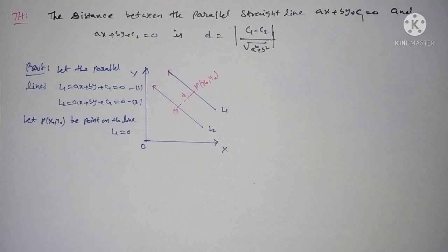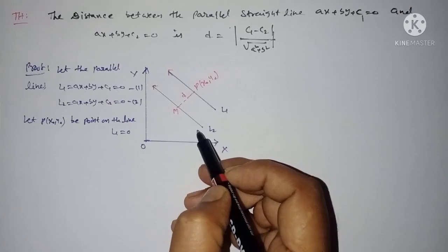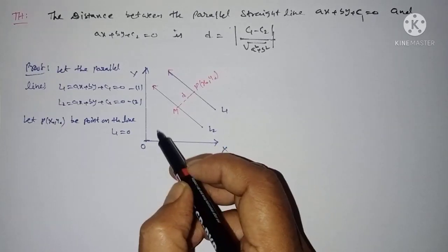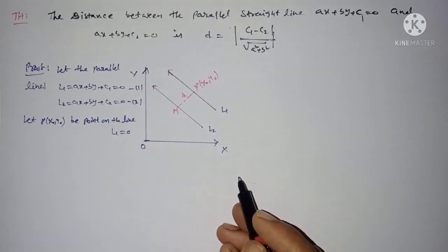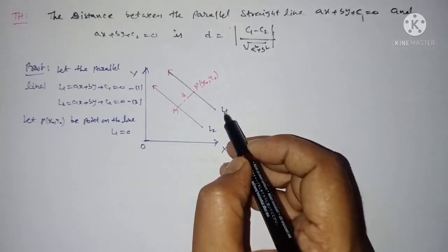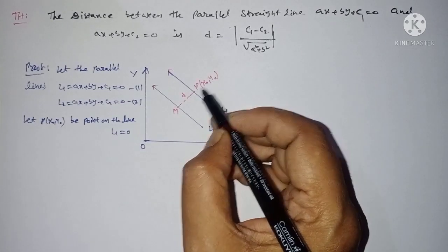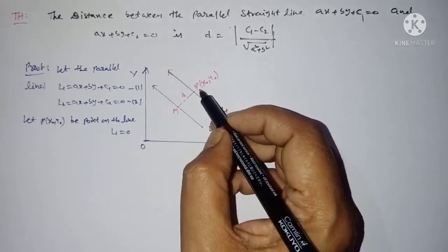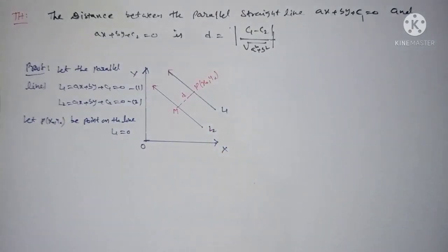Proof: I am taking these two lines as L1 and L2, with origin O and axes X and Y. Let P be the point x0 comma y0 on the line L1.